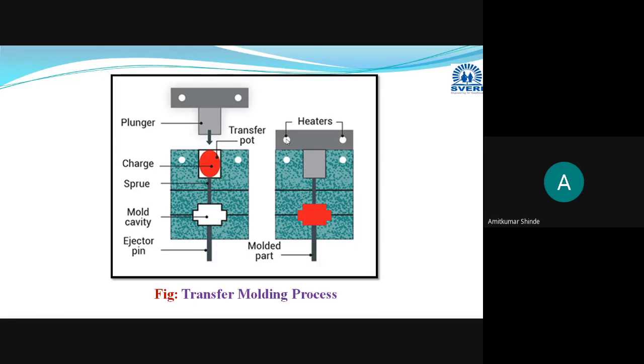Due to that heat, as well as the pressure from the plunger, the material will get transformed from solid to a liquid or semi-solid phase, and it will get transferred through this gating system, which may consist of a sprue, or it may consist of a gate and runner arrangement. In the next stage, it will get transferred into this mold cavity.